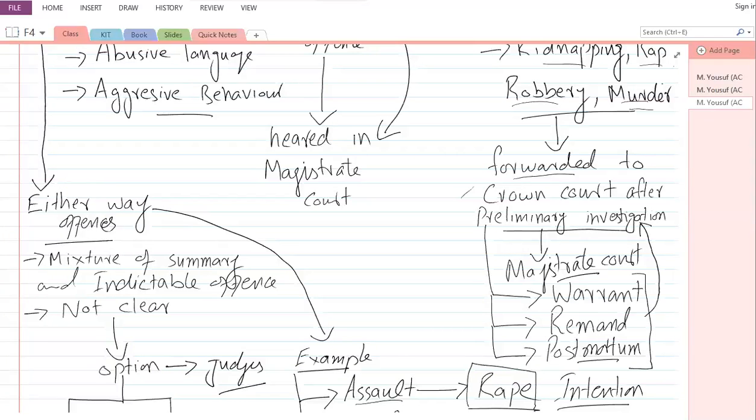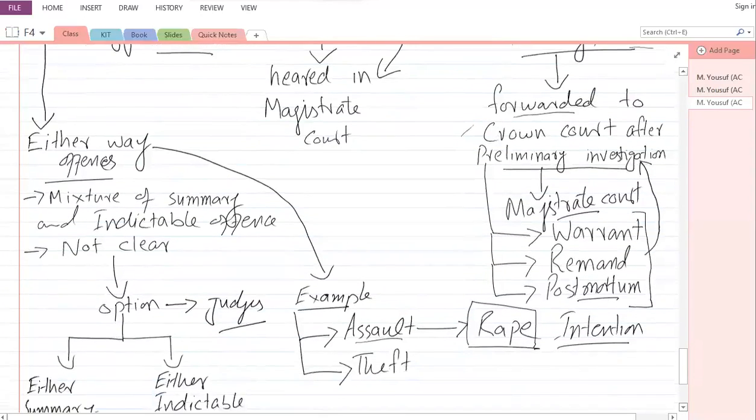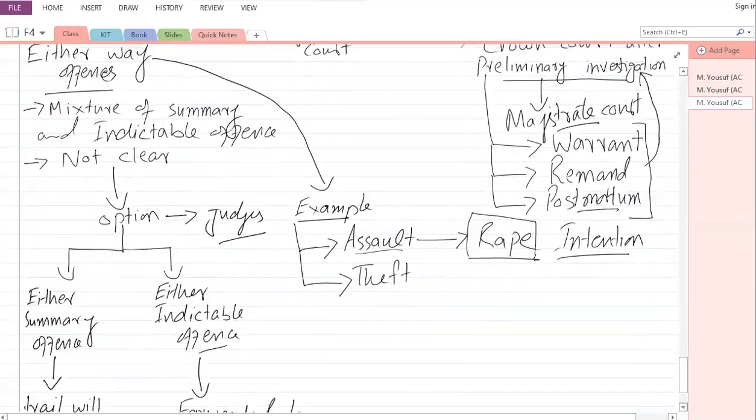If either way offences are treated as summary offences, they are within the criminal jurisdiction of the magistrate court. But if either way offences are treated as either way indictable, they are outside the criminal jurisdiction of the magistrate court, and will be heard in Crown Court. So this was the criminal jurisdiction of the magistrate court.